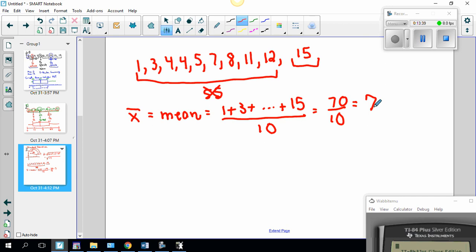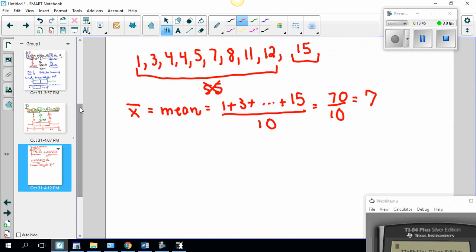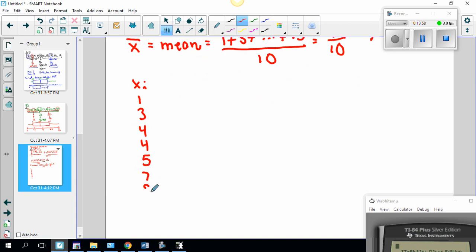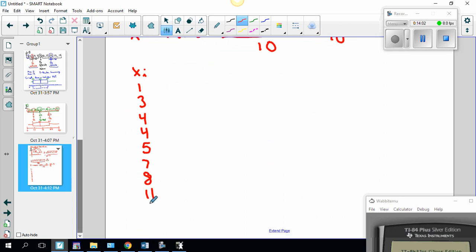Now, before I actually write down the formula, I'm going to just show you what I do. I write my data vertically, so I just write my xi's down. This is going to take a while. So 1, 3, 4, 4, 5, 7, 8, 11, 12, 15.